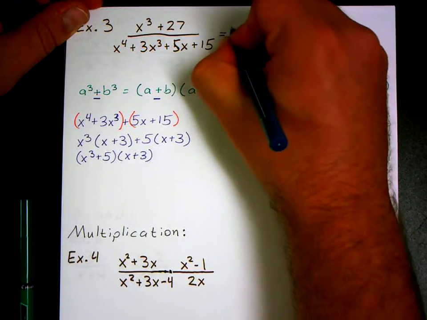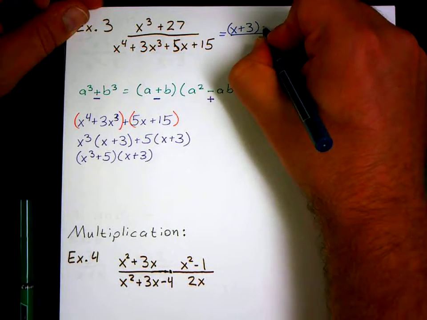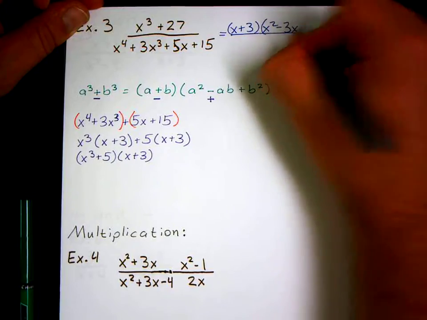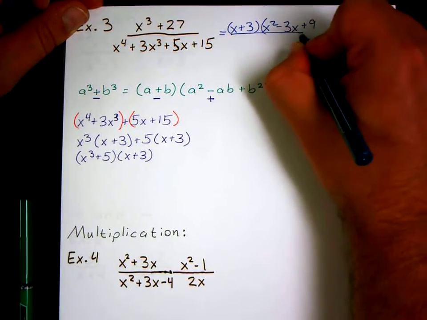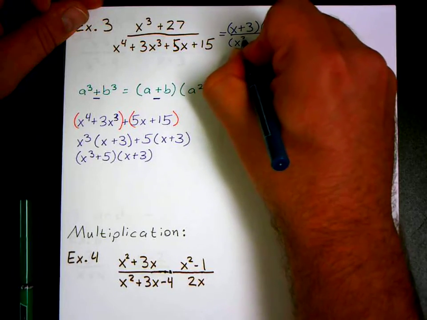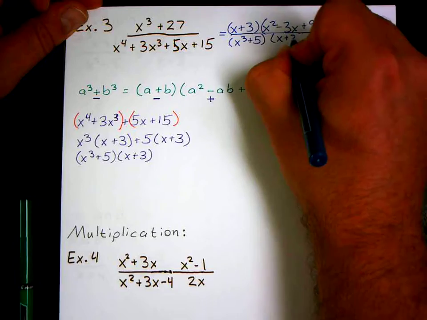Alright, so the numerator is x plus 3, x squared minus 3x plus 9. Denominator is x cubed plus 5, x plus 3.